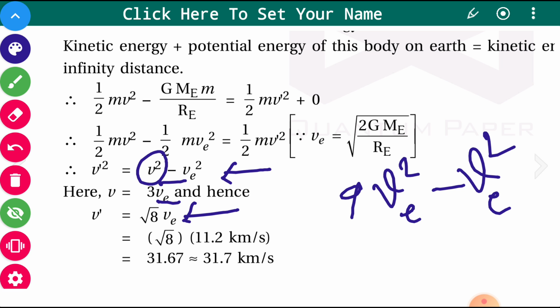And if you write the value of escape speed to be 11.2 km per second, multiply by square root of 8, and it results to 31.7 km per second. Calculate these numericals 2-3 times in notebook. Thank you very much.